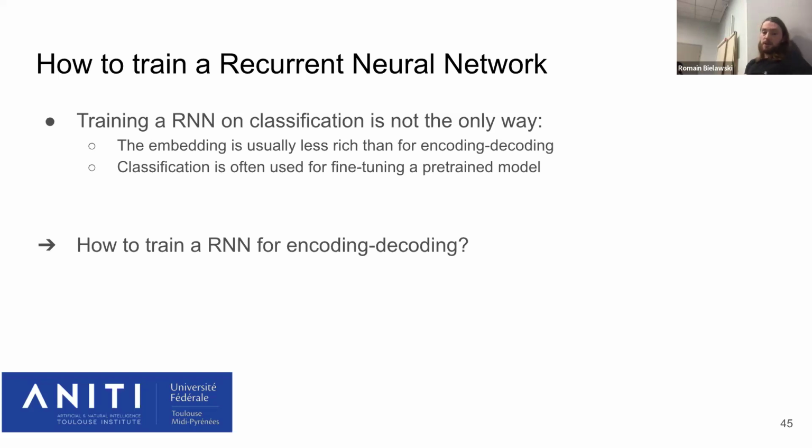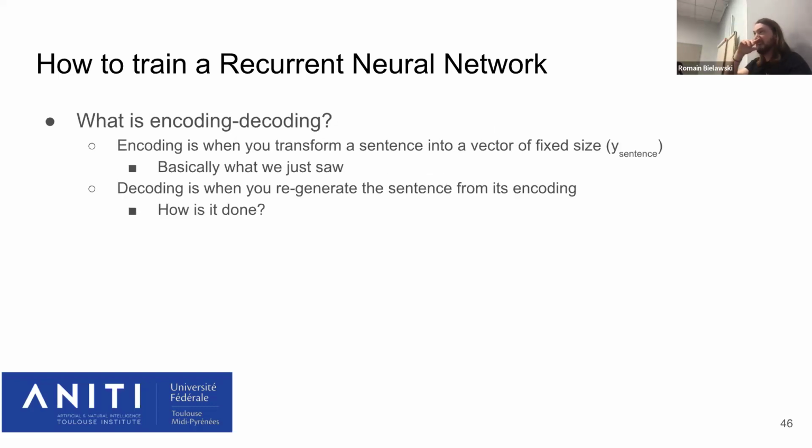And so now that I've explained roughly what a recurrent neural network is and how it works, we're going to see how to train it on an encoding decoding task, which is a bit more complicated. As I said, encoding is when you transform a sentence into a vector of fixed size.